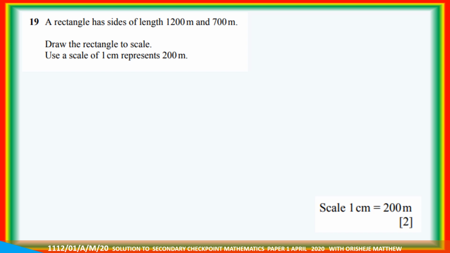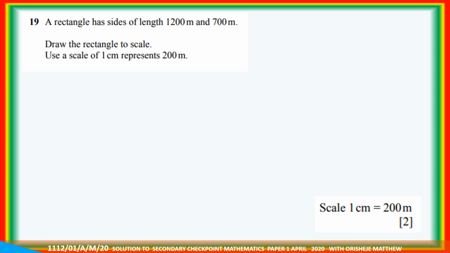Question 19. We have a rectangle. The rectangle has a length of 1200 meters by 700 meters. Draw the rectangle to scale.